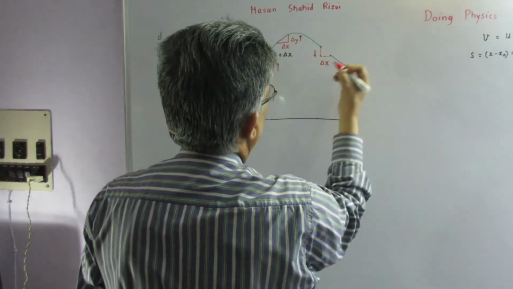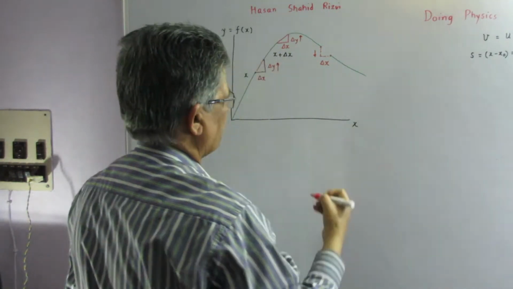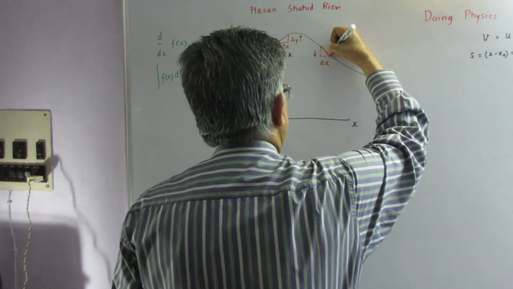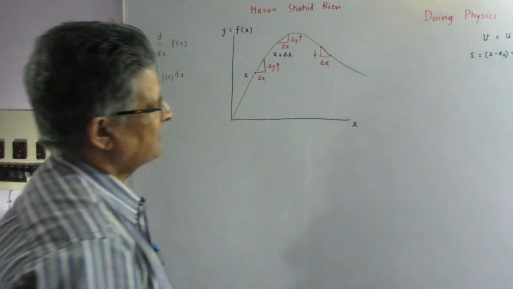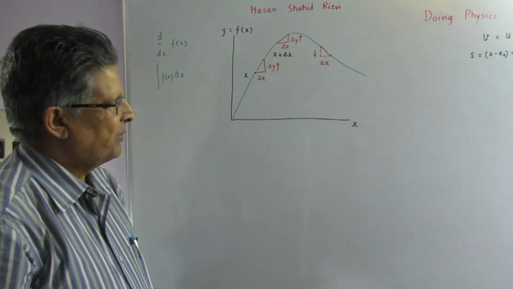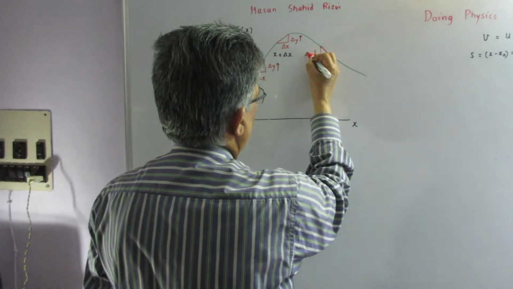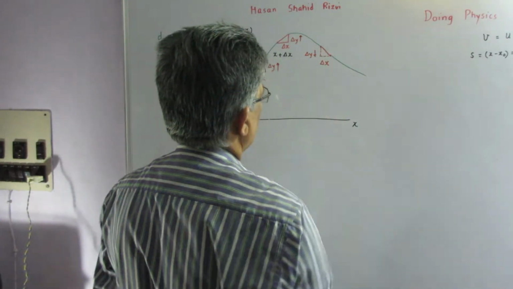So the value of delta y is kind of negative. Of course, I'll draw this and still obtain a right angle triangle, with delta y here and delta x here.